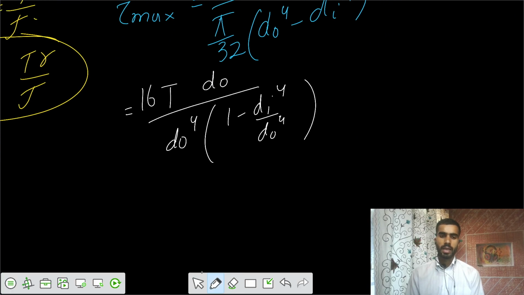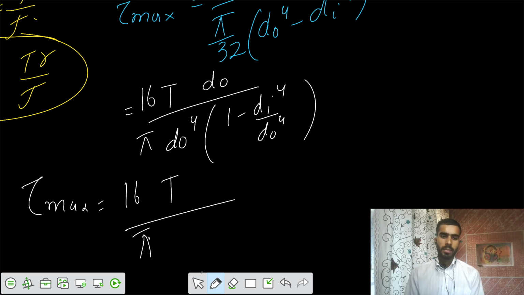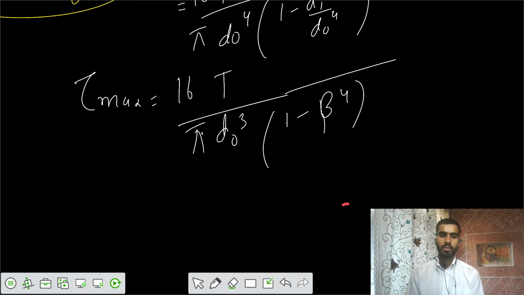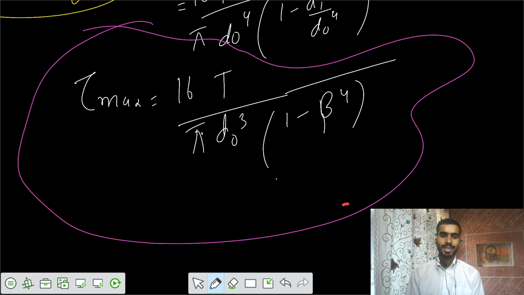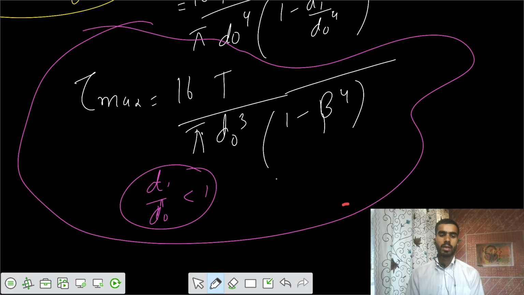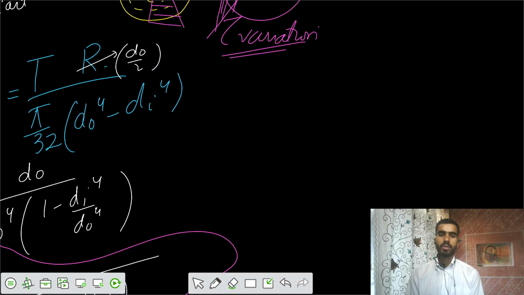Now this value would be equal to 16T by pi d outer cube times (1 minus beta to the power 4). So I got the final equation: tau max equals 16T by pi d outer cube (1 minus beta power 4), where beta equals d inner by d outer, and that is less than 1.